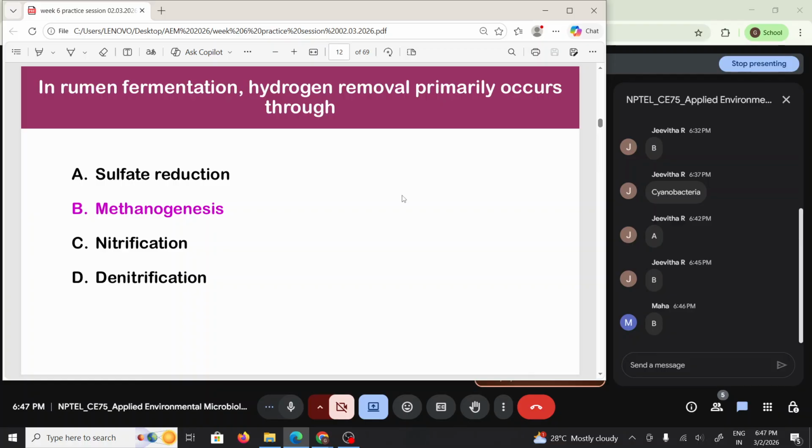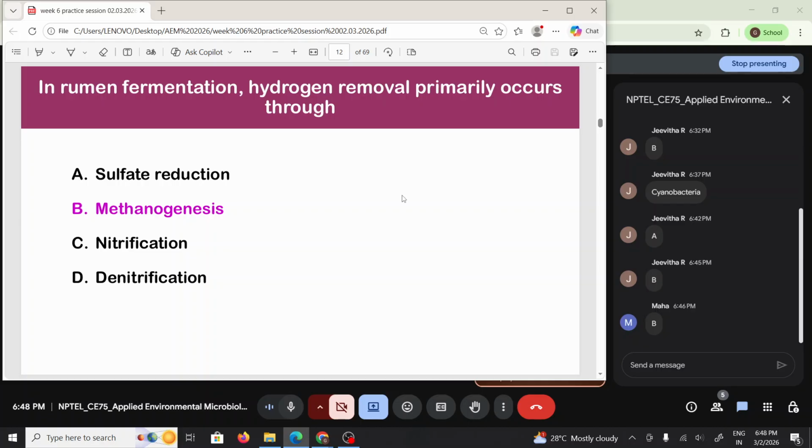So along with this, as a byproduct, you also get hydrogen, and it is very, very important that the hydrogen is being removed from the system. When you talk about the biochemical perspective of this process, a higher production of hydrogen is going to feed back into it. So this process is not thermodynamically favorable.